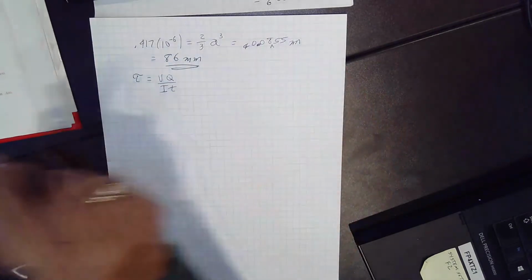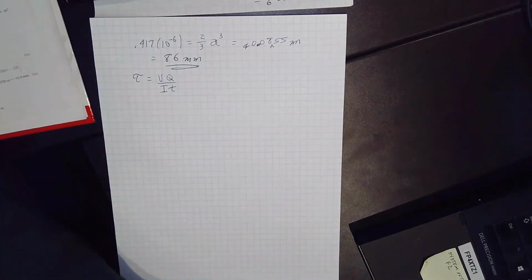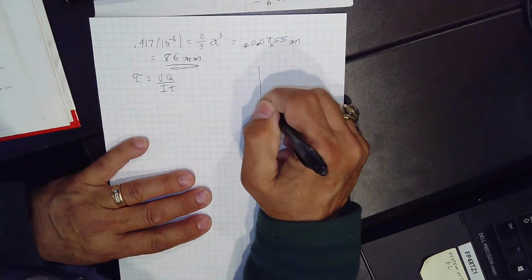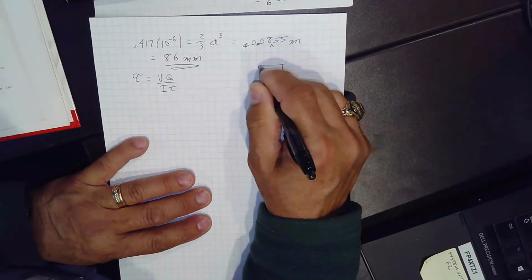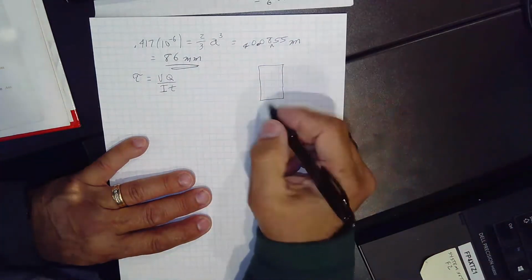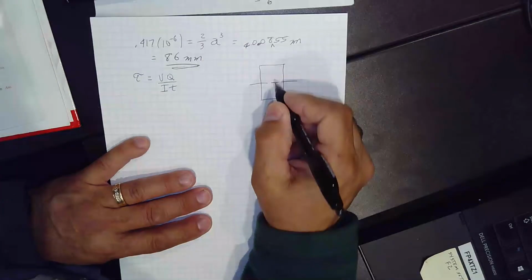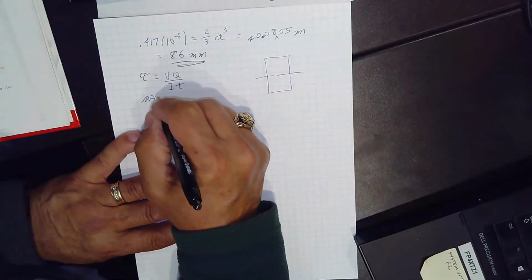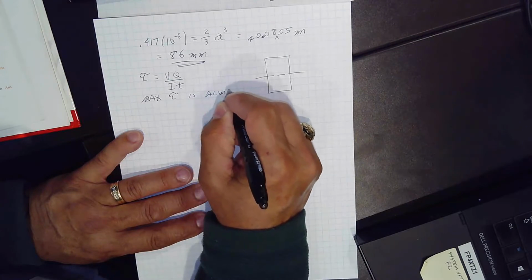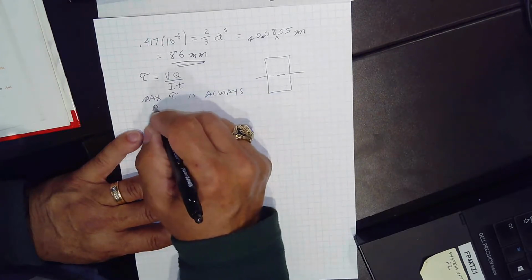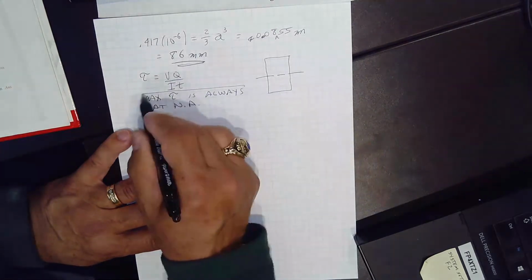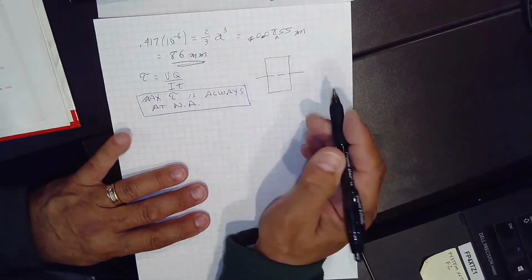This is a problem that y'all have had in finding Q. So let's just draw a little picture here of our rectangle. So we want the maximum shear, right? The maximum shear, let me write this down for you. Max shear is always at the neutral axis.